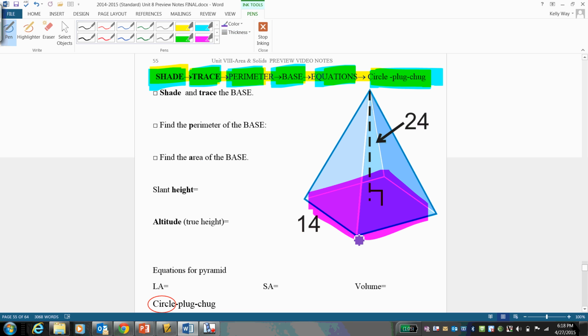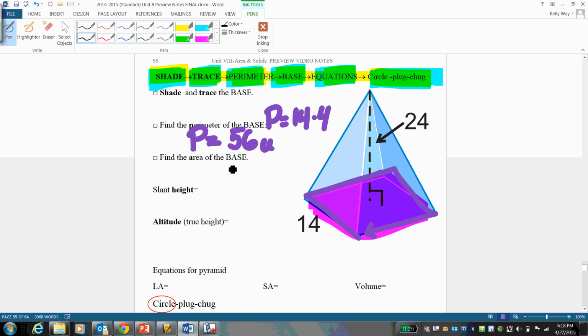You walk it around, and we see that's going to be 14 times 4. So our perimeter equals 14 times 4. Do your own math. It's going to be 56 units. So that's your perimeter.